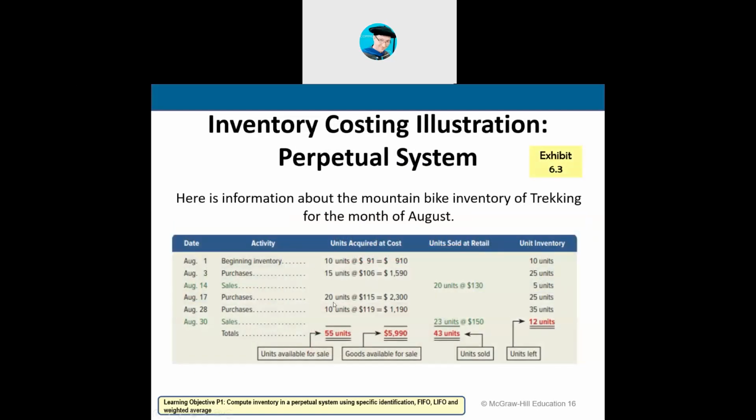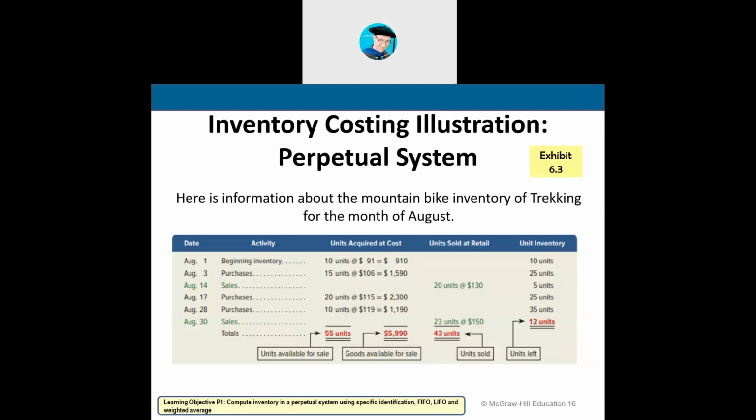This is the perpetual. Now, let's break down the use of the perpetual inventory system, and let's talk about the costs as time marches on. So, on August 1st, I had a beginning inventory balance.